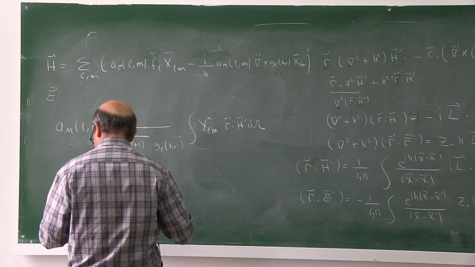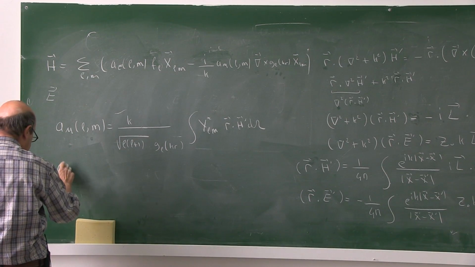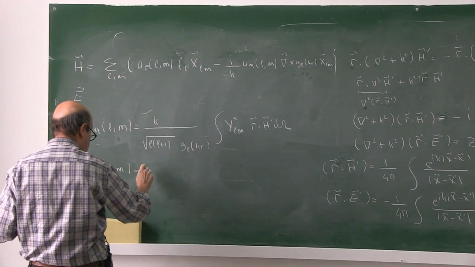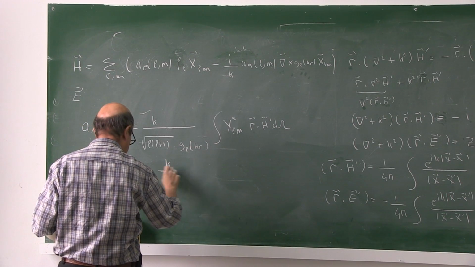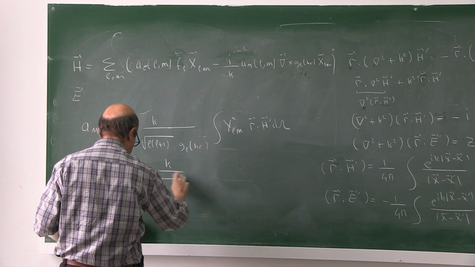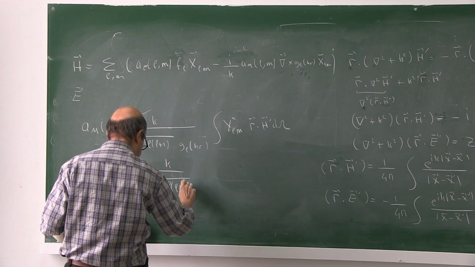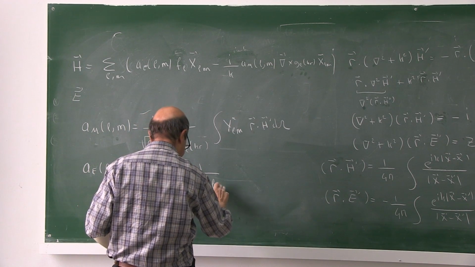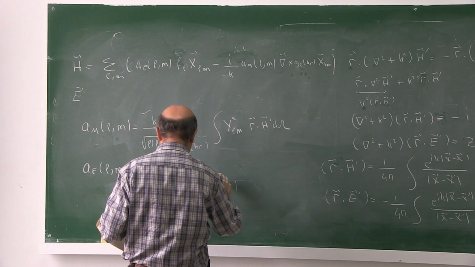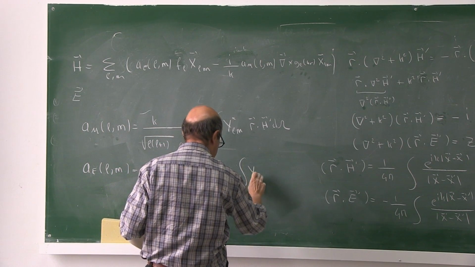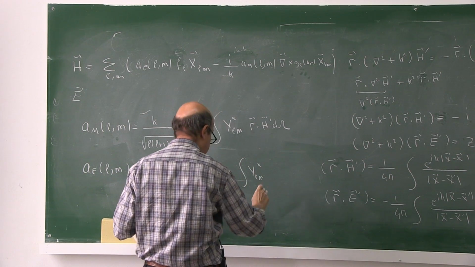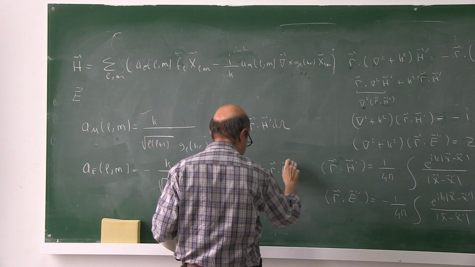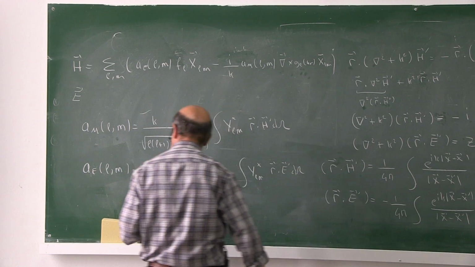And similarly, if you want to calculate a_E(LM), you will find 1 over minus k over square root of L(L+1) over Z0 f_L(kr), and that will be Y_LM complex conjugate, and this will be the r dot E prime integrated through the solid angle.